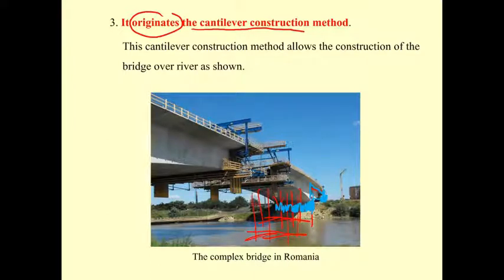Now if you draw the model, your model is going to be fixed here and also fixed here, so you can build this cantilever portion of the bridge, and the supports here and here are going to help take care of the portion that you build. On the other side, the same thing.